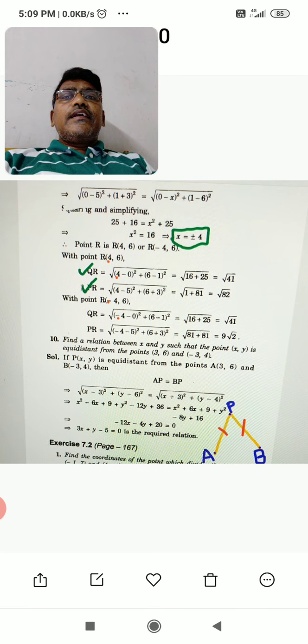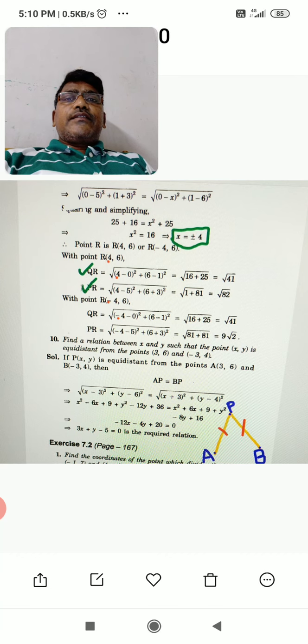Here again we are using the distance formula. PQ equal to QR. For PQ, x1 value is 0 and x2 is 5, so 0 minus 5 whole square plus y1 minus y2, y1 is 1, y2 is minus 3, minus of minus becomes plus 3. Here 0 minus 5 whole square is 25, 1 plus 3 is 4, square is 16.